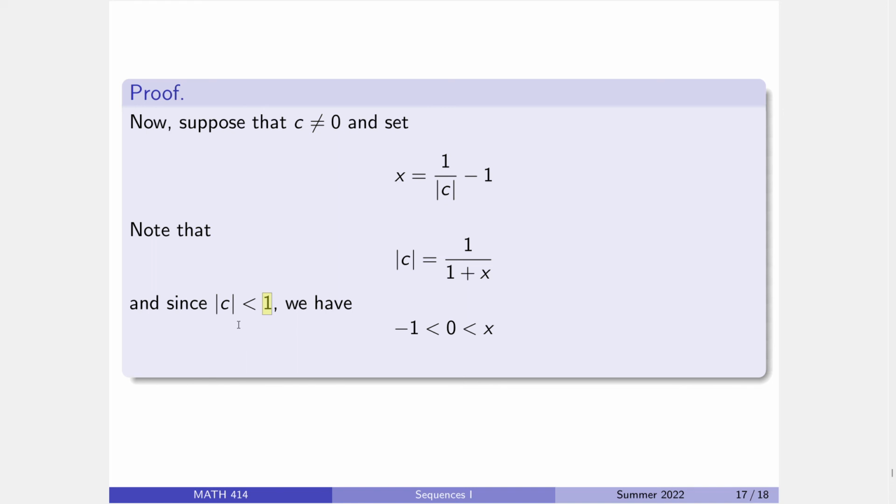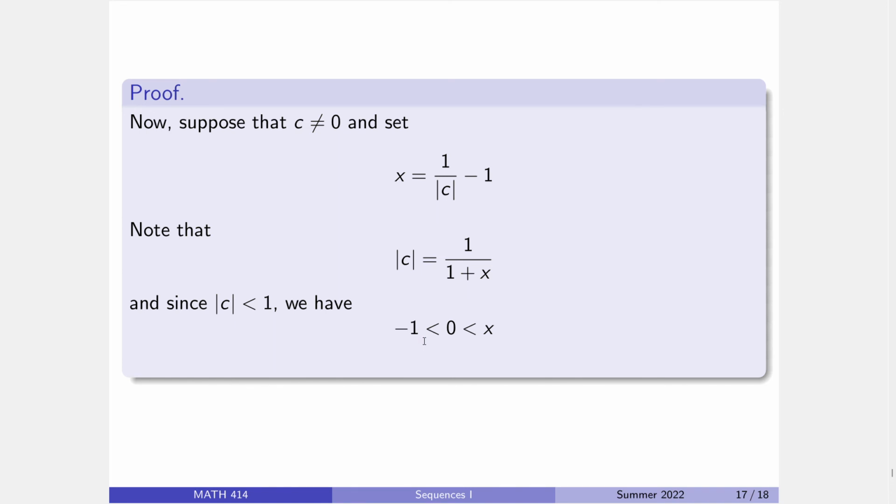Since by hypothesis the absolute value of c is less than 1, this quantity right here is strictly less than 1, and that forces a couple of things to be true, specifically that x itself is always bigger than 0. Since c is less than 1, 1 over c minus 1 needs to be strictly positive, and that means x is bigger than negative 1.